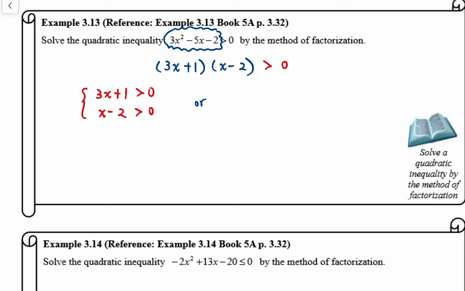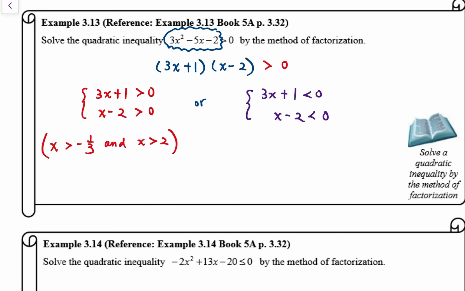Or both negative. Solving the compound inequality on the left, we get x greater than negative 1 over 3 and x greater than 2, which would give us x greater than 2. The compound inequality on the right, we have x less than negative 1 over 3 and x less than 2.